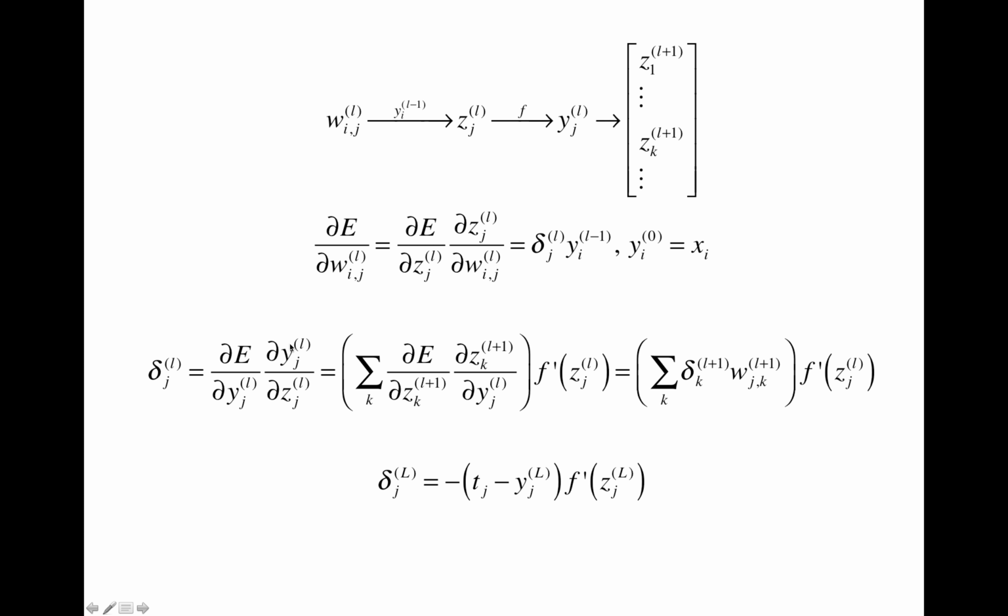But in practice, it may not be a sigmoid function. So let's use another symbol, f prime, to represent the derivative of this nonlinear function evaluated at the input logit z^L_j.